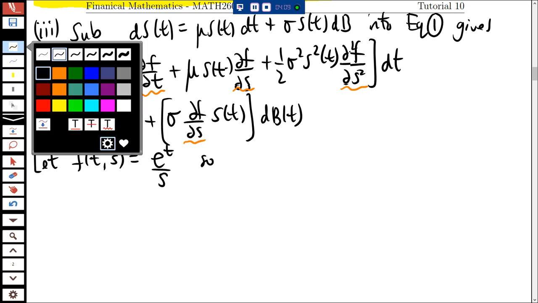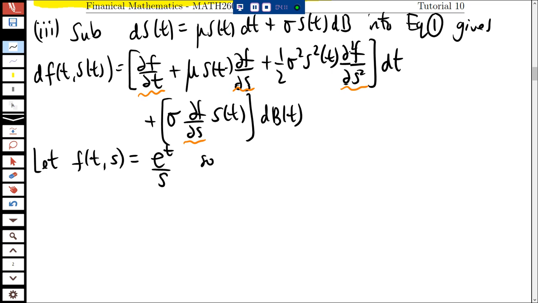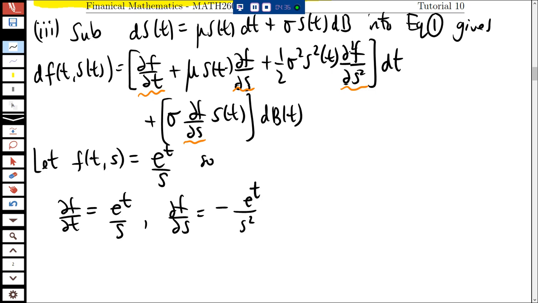So let's calculate those. We have df dt. Okay, so that is that. Df ds. Okay, so differentiate 1 over s. So it's s to the minus 1, so minus s to the minus 2. I'm going to take it back under. E to the t is just viewed as a constant, that stays where it is.